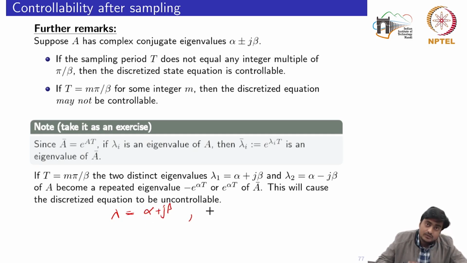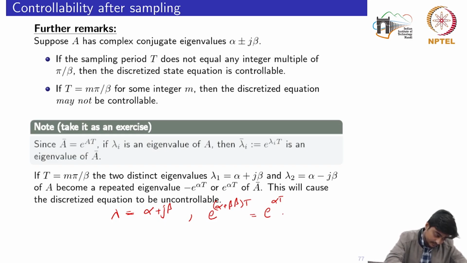The eigenvalue of the discrete time matrix would be e to the power (alpha plus j beta) times the sample time, which I can write as e to the power alpha t times e to the power j beta t.